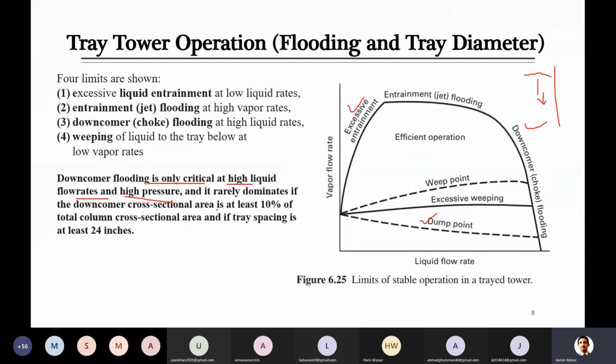The other case is high vapor flow: a large amount of liquid is entrained towards the top of the column, and when you are carrying a large amount of liquid to the top of the column with the vapor, in the upper column portion there will be a very large amount of liquid compared to what it is designed for, because the vapor has carried away a large amount of the liquid in those cases.